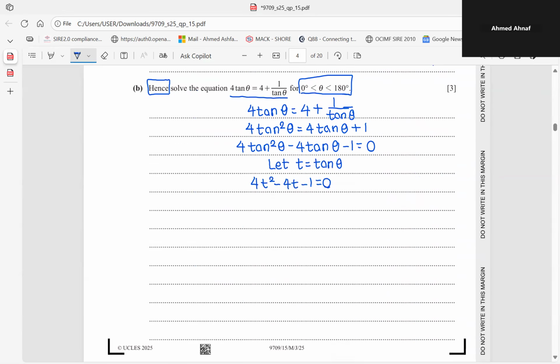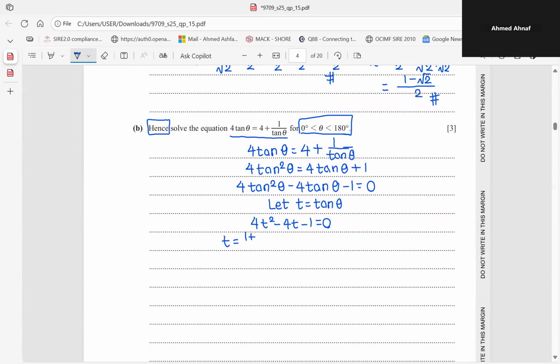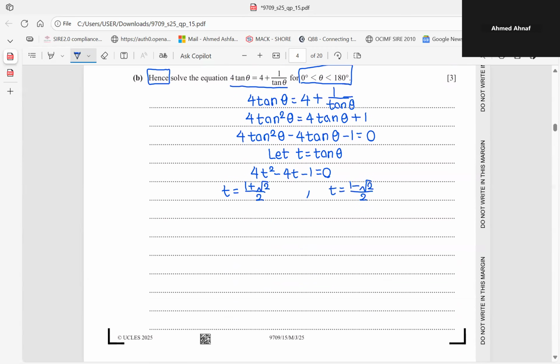So immediately we can just straight away write the solutions for t, which is (1 plus square root 2) over 2 and (1 minus square root 2) over 2. And now let's substitute back the tangent theta.